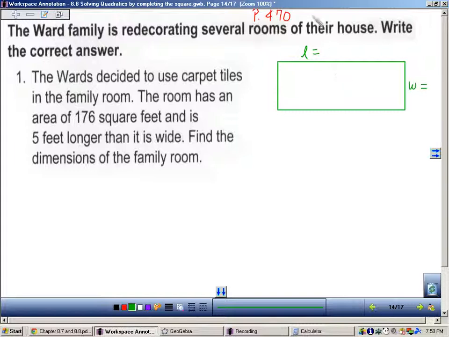So the area is, it says it's 5 feet longer than it is wide. And so whatever the width is, add 5 feet to it, it becomes the length. Okay, and the width we just don't know, so we'll just call it W. So the area. Okay, so let's substitute.